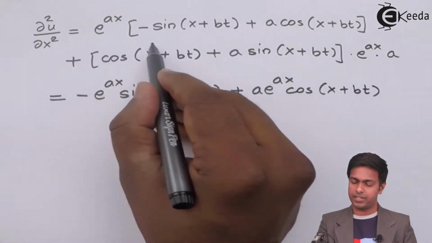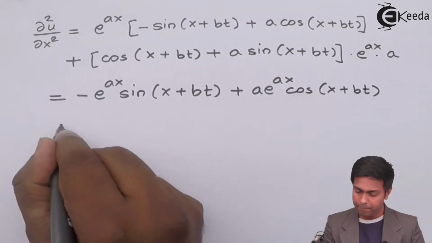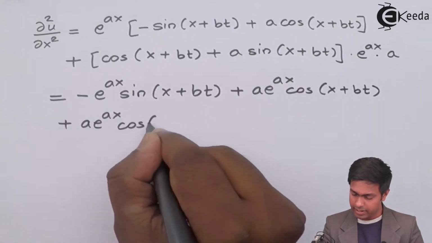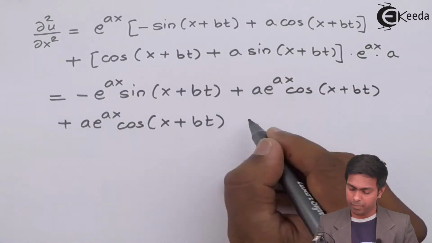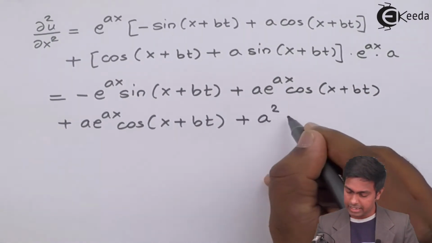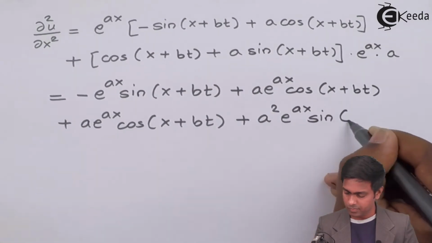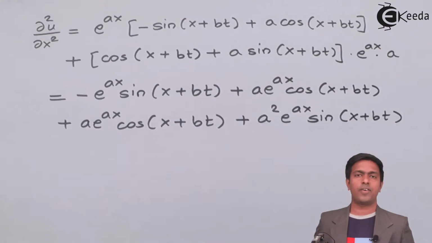Here if I multiply this term with a into e to the power ax, we will get plus a e to the power ax cos of (x plus bt), and this will be plus a square e to the power ax sine of (x plus bt). And guys, this is the value of RHS.